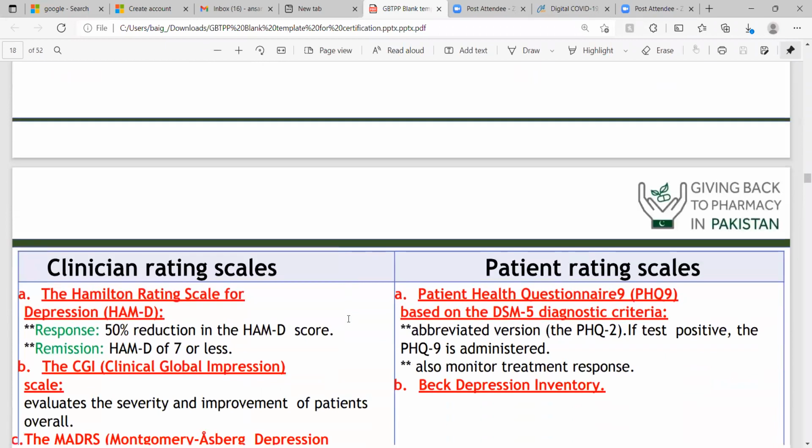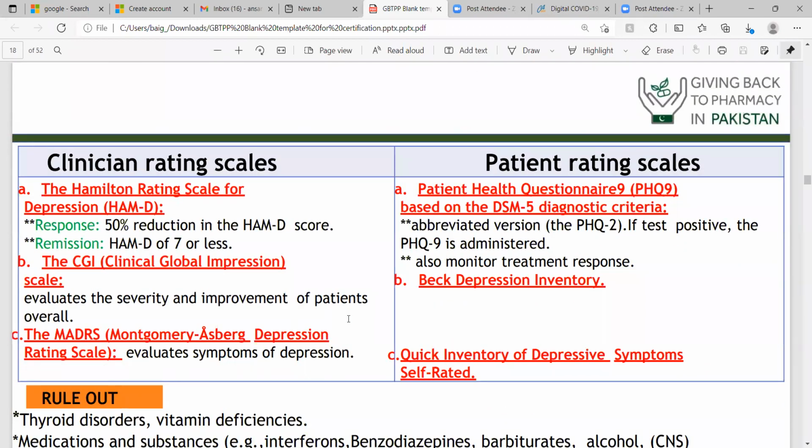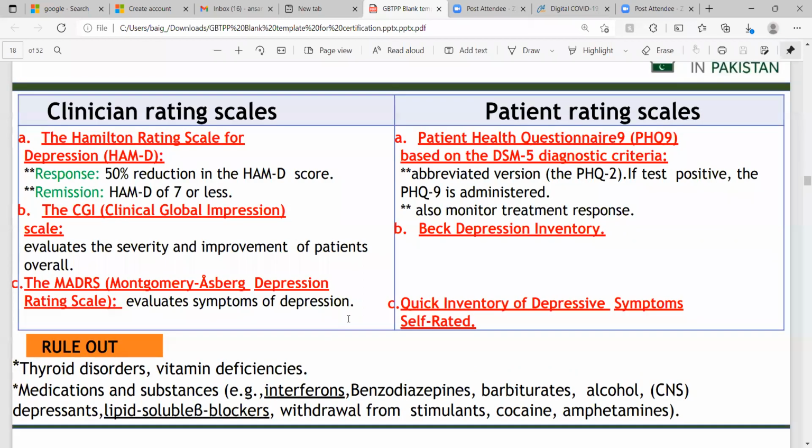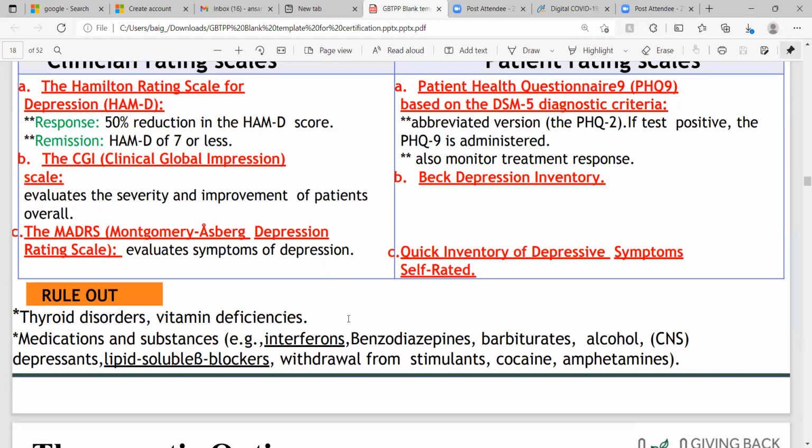Sometimes we use different scales. The most common ones are HAM-D and PHQ-9. These are just scales that we use for the diagnosis.